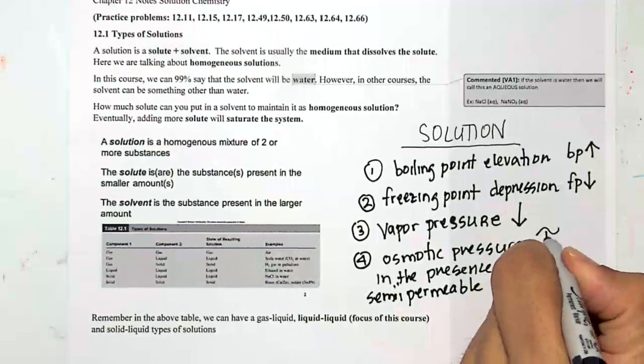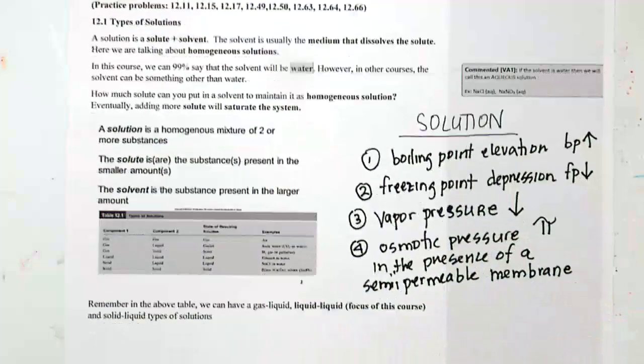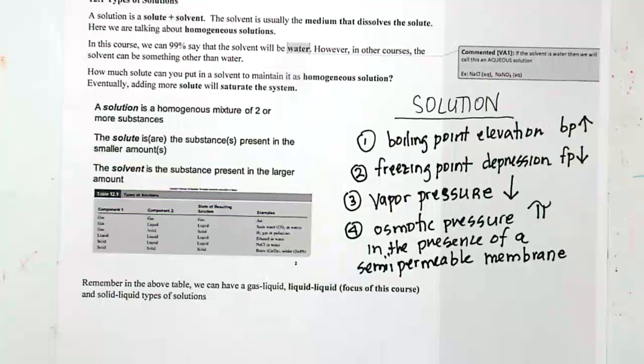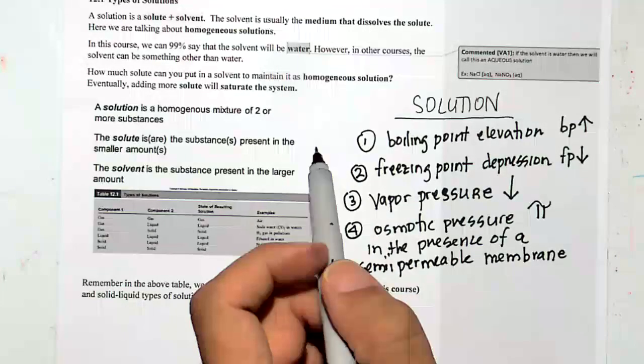So this osmotic pressure is called pi. I don't know why, but it's called pi.